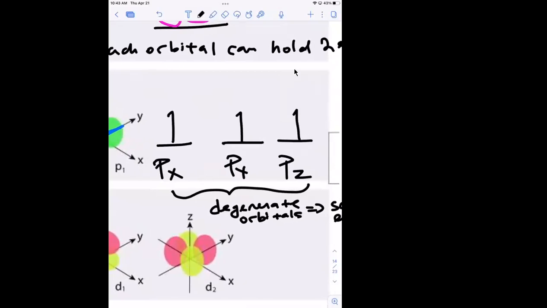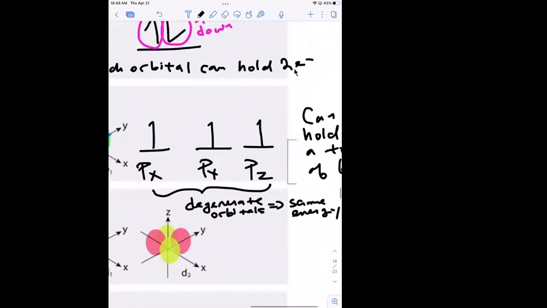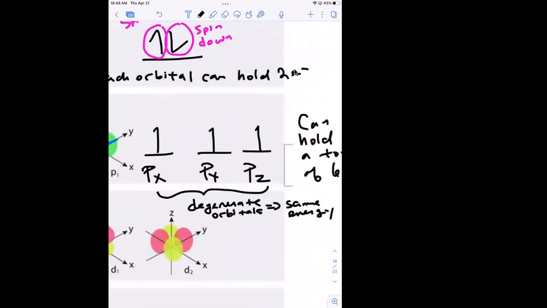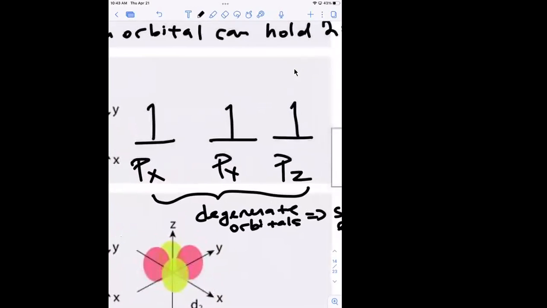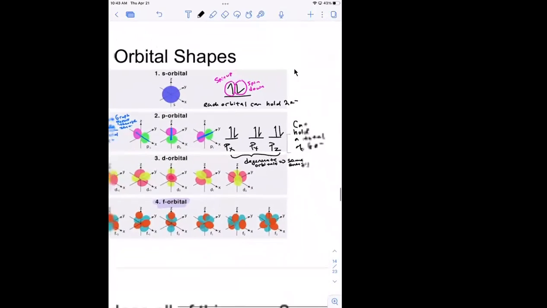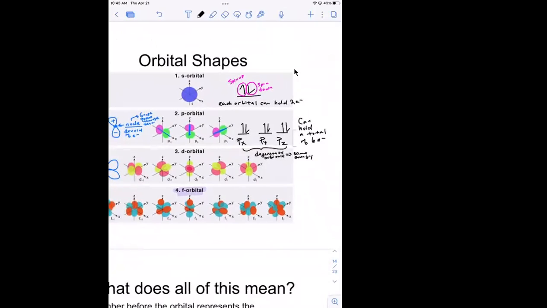Well, I'm not going to put 2 in PX and then put 1 in PY and leave PZ empty. I'm going to evenly distribute those electrons until I run out of them. Because in degenerate orbitals, Hund's rule says I have to put 1 in each before I put 2 in any. That's an easy way to remember it: 1 in each before 2 in any, if they are degenerate. Then when I come back to put in the other electrons, I'm going to fill it like so. So the 3 p's can hold up to 6 electrons total, because every orbital can hold 2 electrons.